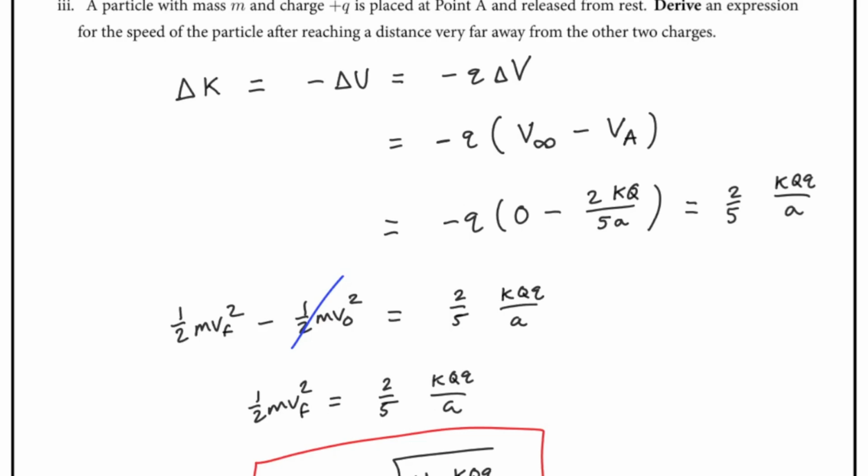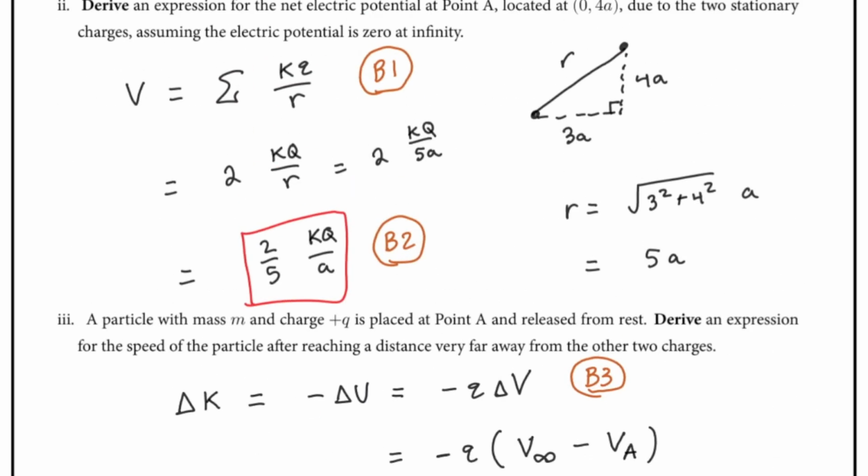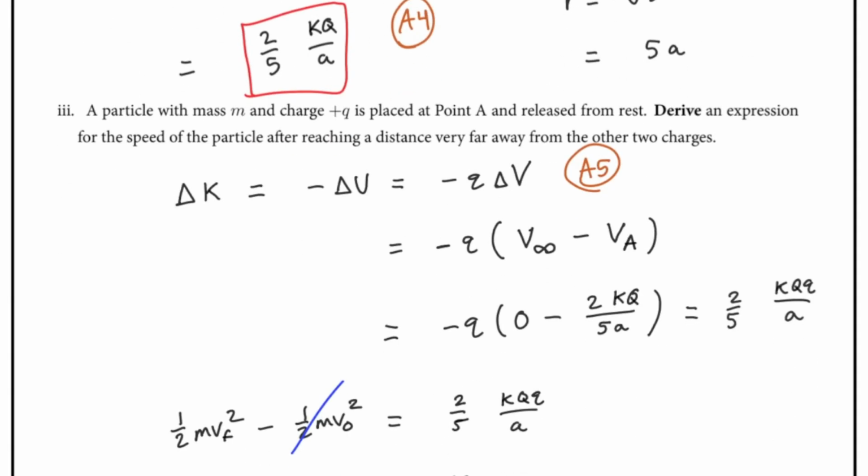All right, let's talk point distribution on this. Conservation of energy in any way gets you a point. Sorry, this isn't B. My counting is wrong. This is all still part A. This would be point A3. This would be point A4. To get A5, you have to show conservation of energy.